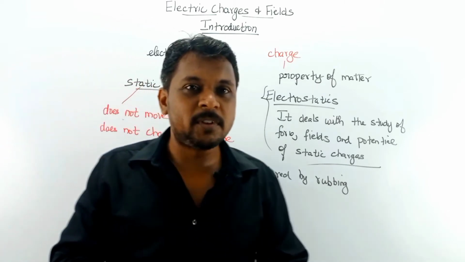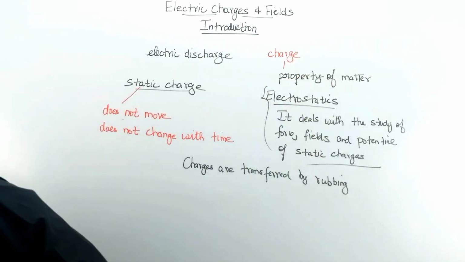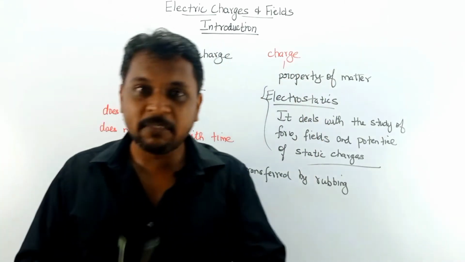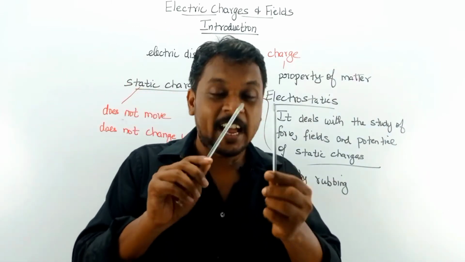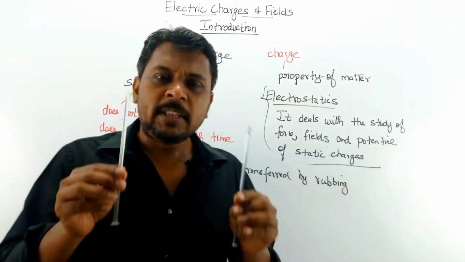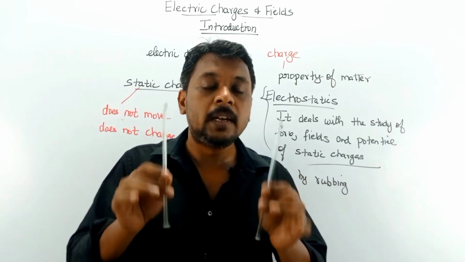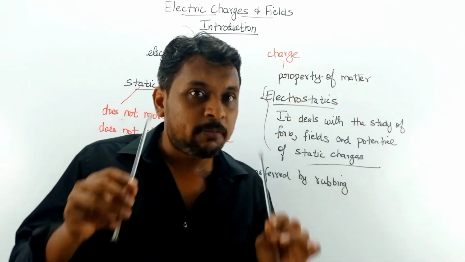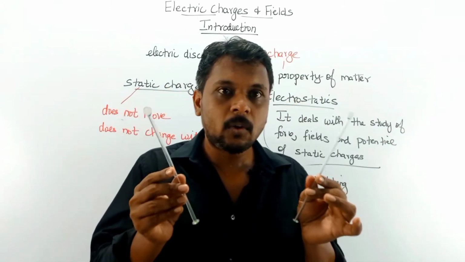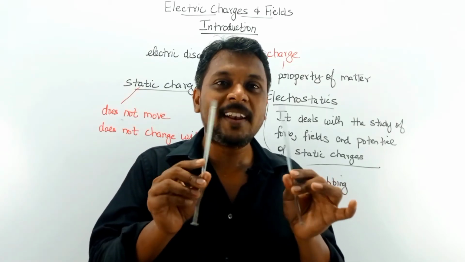We will see some examples of what happens when rubbing takes place. Here, I have two glass rods. When these two glass rods are rubbed individually with a silk cloth, and then brought close to each other, we see that they repel each other.